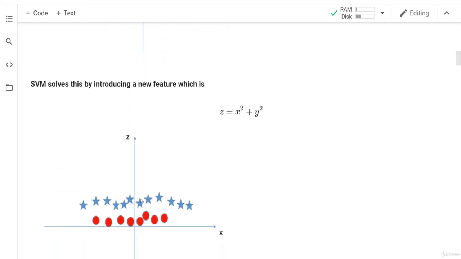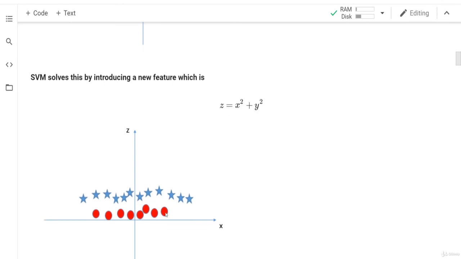As you can see, now the data is separated with no problem whatsoever. We can have a linear separator just like this, and we can separate the two classes in the new plane.